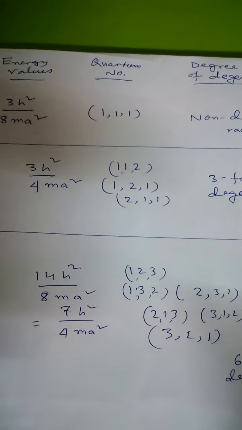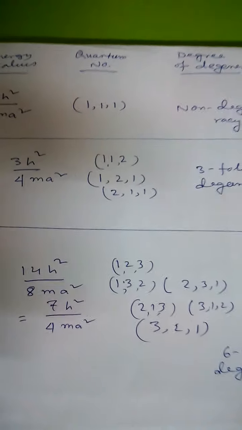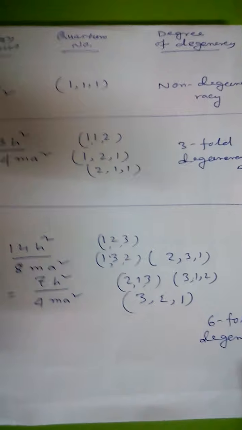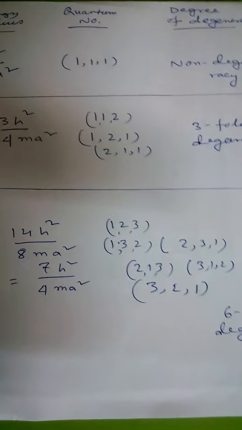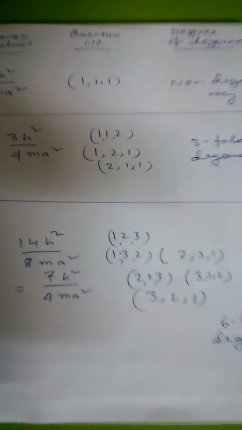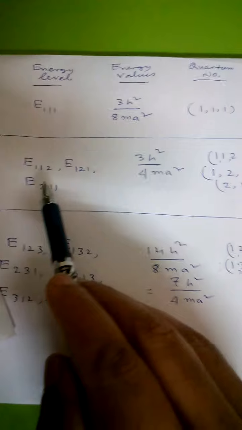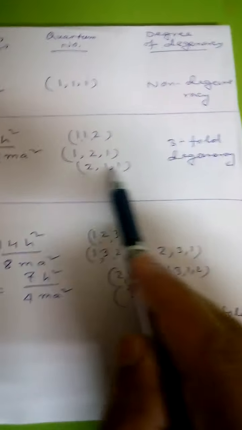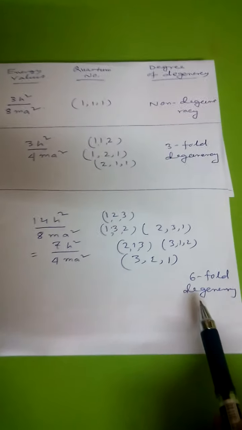And in the case of degeneracy, there are various folds of degeneracy depending upon the nature of the nx, ny, nz values. So for example, this is the example of threefold degeneracy, but this is the example of 6-fold degeneracy.